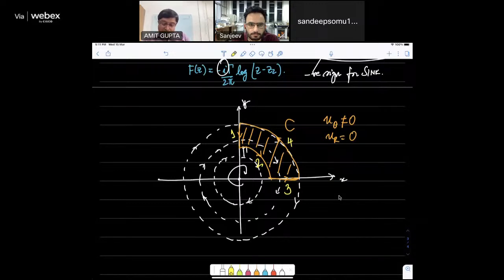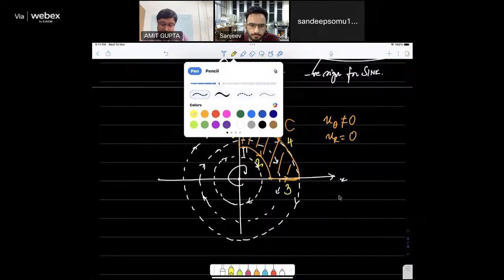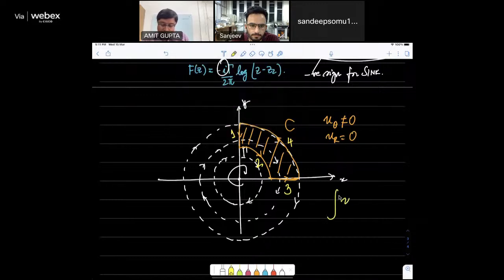When I want to do the integral of u dot dl, where dl is the incremental length along this contour, we do a contour integration all around the contour. You should be able to prove to yourself that this will be 0.